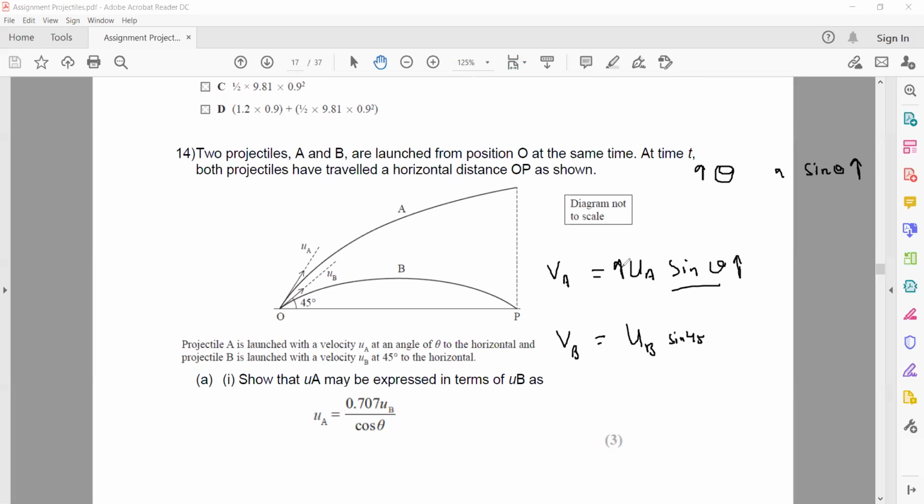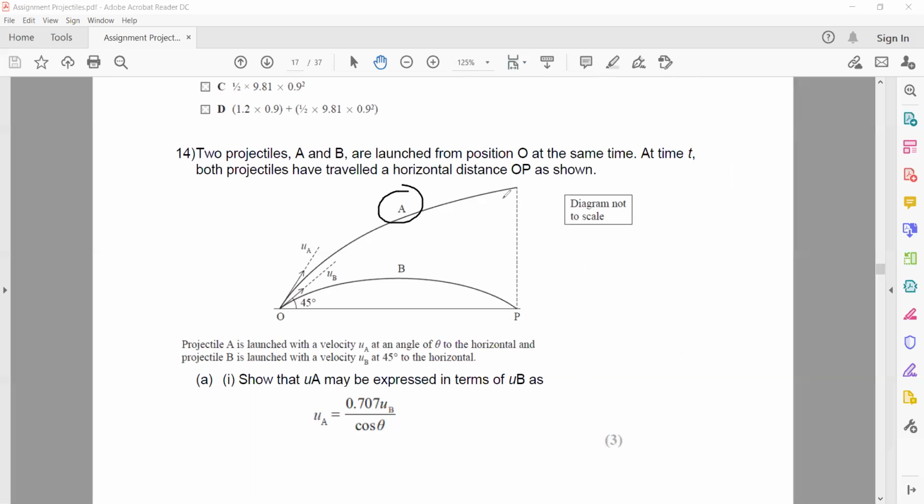And UA is already higher than UB, which we worked out in the previous part. So the vertical velocity of A should be higher than the vertical velocity of B. That's why, and it is obvious because the height covered by A is higher compared to the height covered by B.